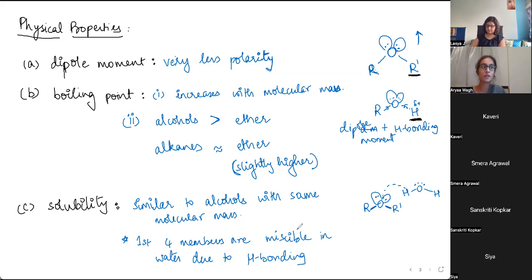Earlier, whenever we wrote give reasons about why water is able to dissolve most substances, we wrote that water has a high dielectric constant, which is why it is able to break through the forces. So what has dielectric constant got to do with it?